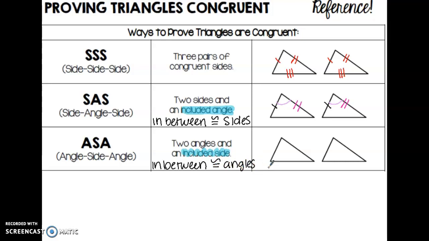So for example, if I have this angle that is congruent to this one, and then I have another pair of congruent angles here. Remember, you match them by the number of rings. The side that is congruent has to be in between those 2. That's what they mean by included side. So that would be angle, side, angle.